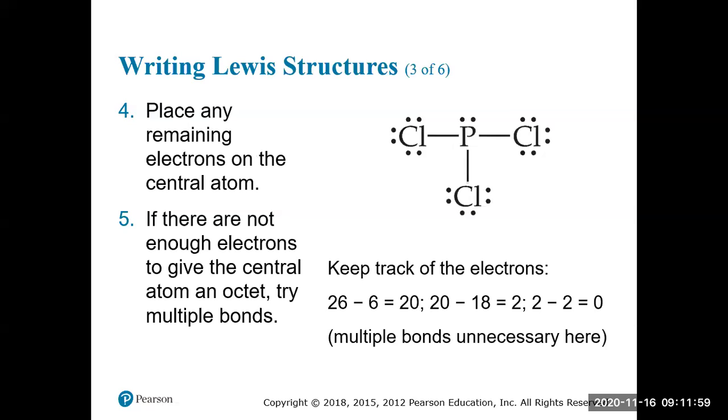Now we've satisfied the octet for all the atoms and used up all the electrons we had to work with. Since everything balanced out, that tells us these are all single bonds. We don't need any multiple bonds, double or triple. So that's the process you go through to write the Lewis structure for the compound.